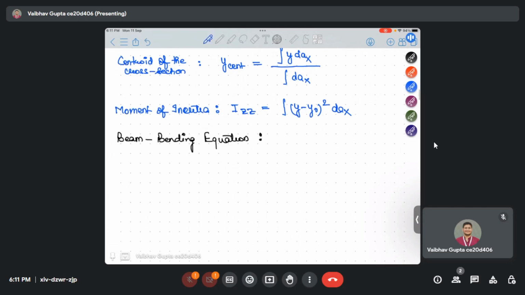So before deriving the beam bending equation, we took certain assumptions, which are: plane sections remain plane.